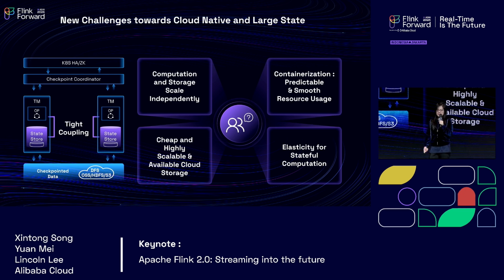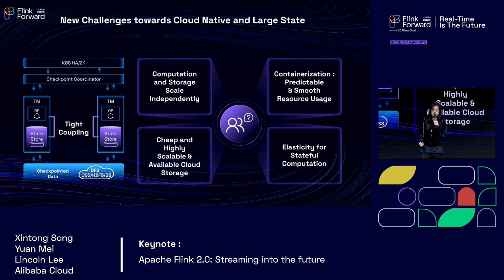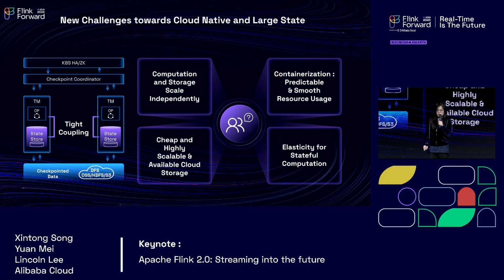The last challenge is elasticity for stateful computing. For stateless computation, rescaling is very fast and cheap. But for stateful computation, we have to redistribute the state across the stateful containers when rescaling. How can we accelerate the state redistribution, even achieving it within sub-second? That's also a challenge for us.